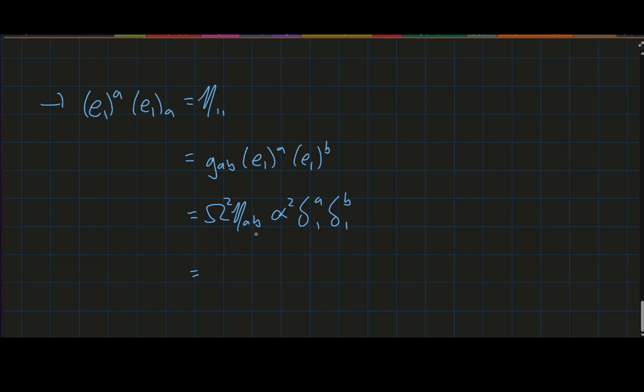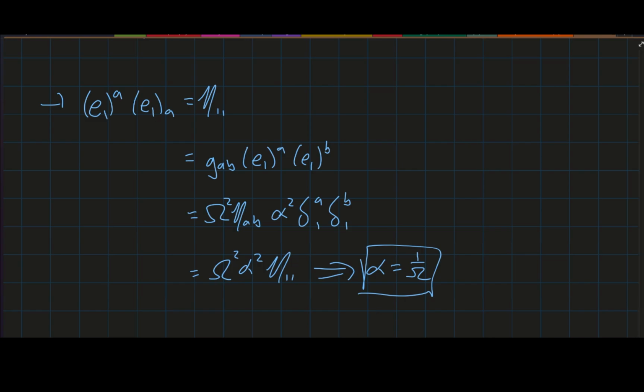So if we evaluate those deltas, we get something like omega squared, alpha squared, eta 1, 1. So then this implies that alpha is 1 over omega in order for this property to be satisfied.